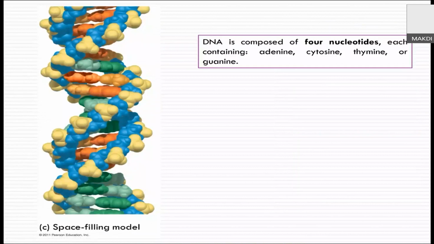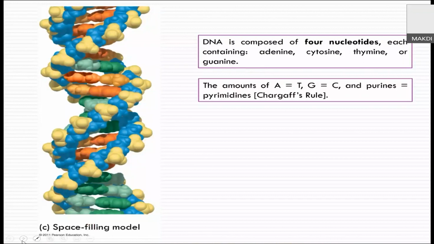And DNA is composed of 4 nucleotides, which we discussed just now from Chargaff rules: A, G, C, and T. Adenine, cytosine, thymine, and guanine. And this is the Chargaff rules: A, T, G, C. A and G are purines because they have 2 rings.